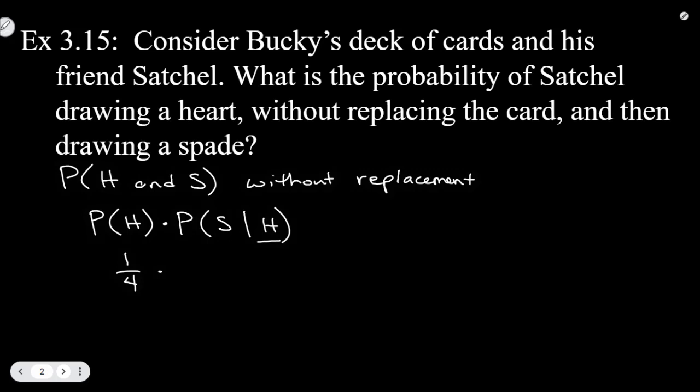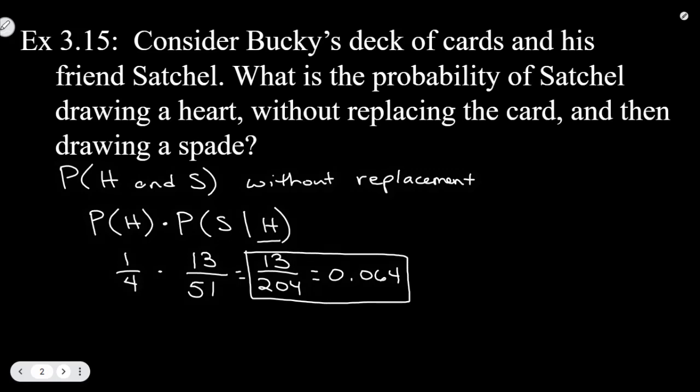There are 13 spades altogether, but now there aren't 52 cards anymore because we took out that one heart, so it's 51. Multiplying, we get 13 on the top and 204 on the bottom, and as a decimal, 13 divided by 204 is 0.064. So either as a fraction, which is an exact value, or as a decimal number.